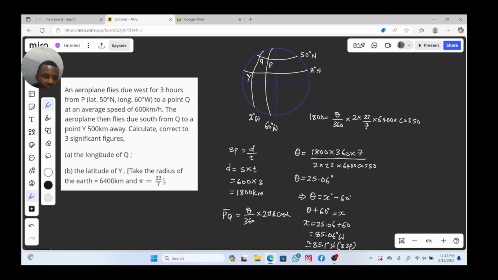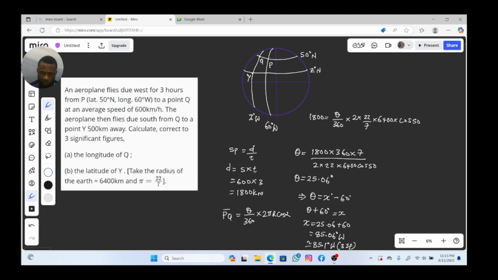Secondly, we should find the latitude of Y, which is this one here. Remember, the latitude of Y is along the meridian. So we have a Q and we have a Y. Already they gave us the value of the distance QY, which is 500 kilometers.